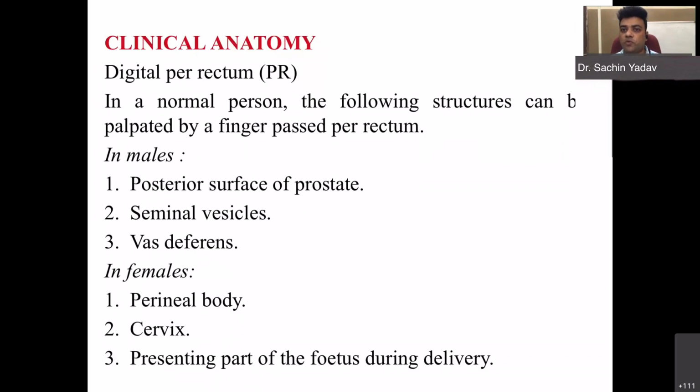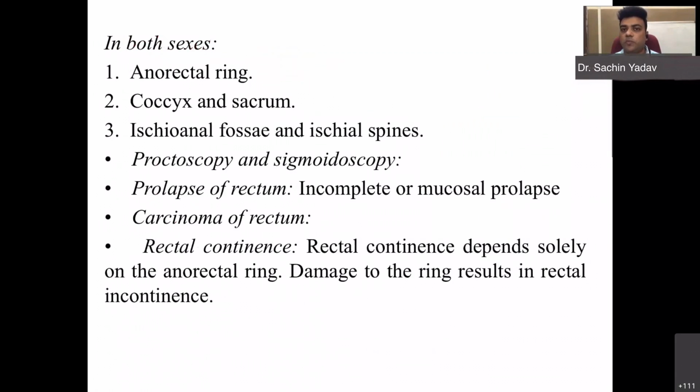So any abnormal swelling there, we can feel through the rectal examination on the anterior surface of the rectum. In female, the perineal body, cervix, and the presenting part of the fetus during delivery can be palpated. And the structures common to both are the anorectal ring, coccyx, sacrum, ischioanal fossa, and ischial spines.